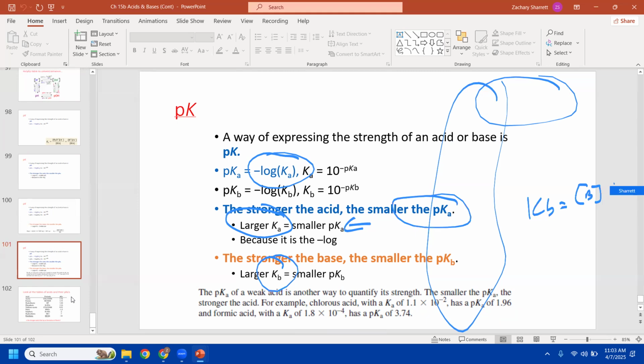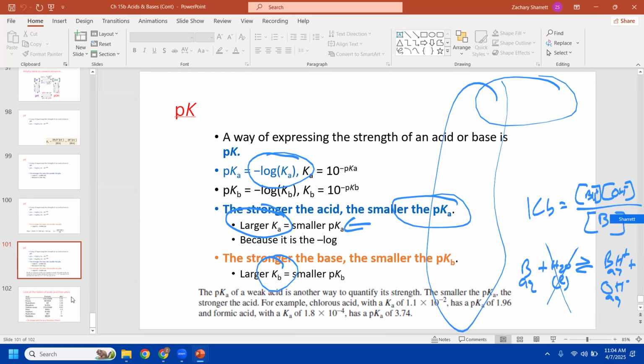So it's a base plus water making BH plus and OH minus. These are all aqueous, and water is a liquid, so we eliminate the water. So it's BH plus times OH minus over the concentration of the base originally.